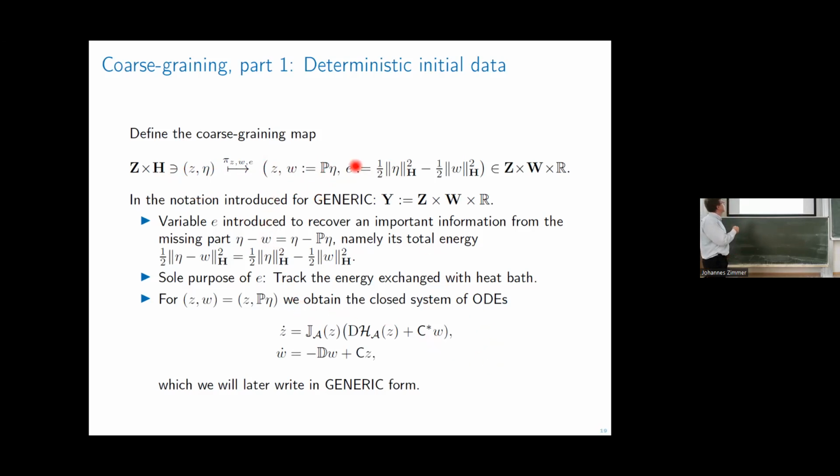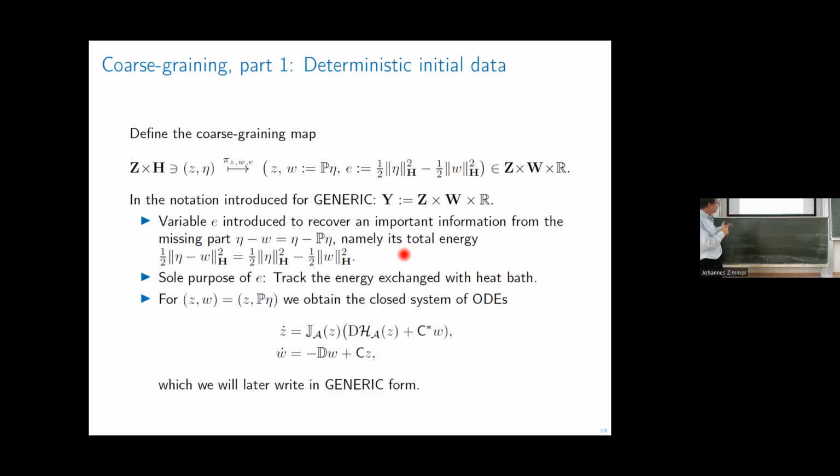And also, that's a feature of GENERIC, I introduce a variable E, energy density, which measures the exchange of energy between the full heat bath and what is feeding into the finite dimensional system. So I'm going from this big space to a small space. The small space is the same. The heat bath becomes now a low-dimensional object, could be one-dimensional, and then I have the energy E.